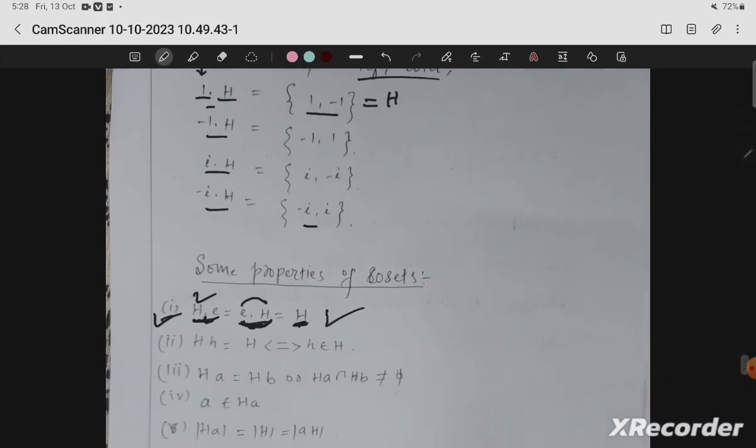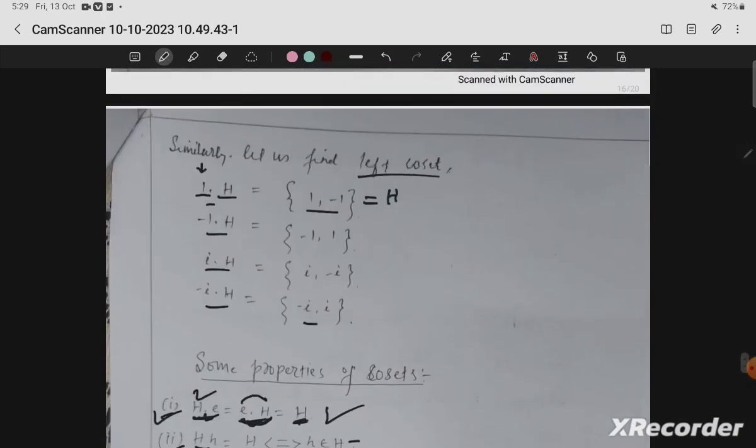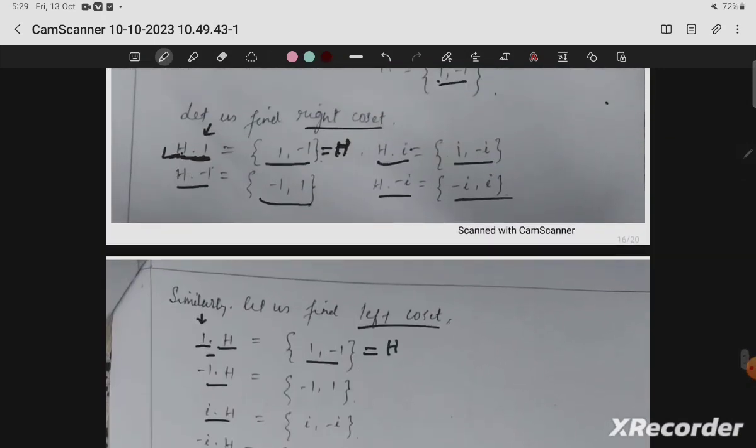Now the second property is Hh equal to H if and only if h belongs to the subgroup H. Since this is a right coset, we will look into the solution of the right coset.